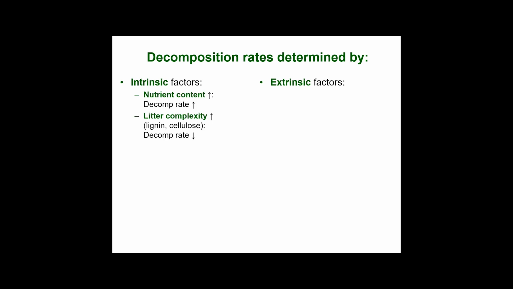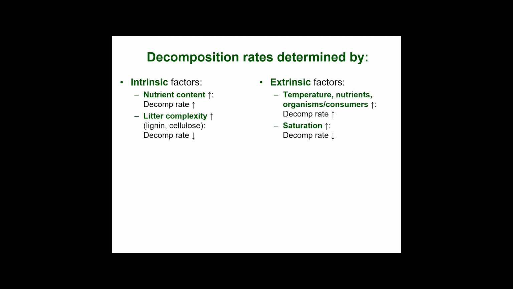Intrinsic factors would be things like nutrient concentration. When there's a lot of nutrients in organic material, decomposition rate tends to be higher. If we have a very complex litter, lots of lignin or cellulose, the decomposition rate in turn tends to go down, so fewer nutrients might be available in the soil.